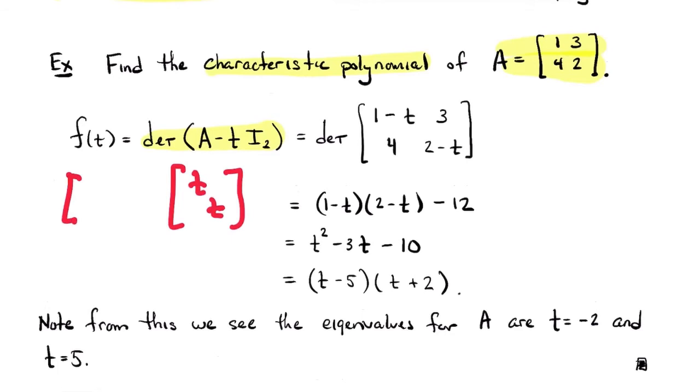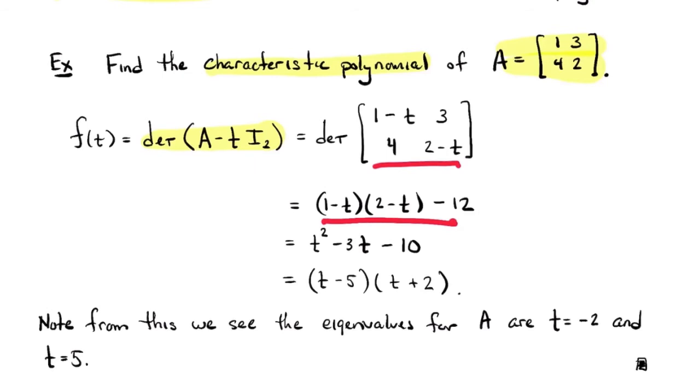So if I'm going to take A minus that, well, what am I going to get? I'm going to get what you see written after the determinant up there: 1 minus t, 3 minus 0 is the same, I get 4 minus 0, 2 minus t. So this is just the matrix A minus t times I2 simplified.